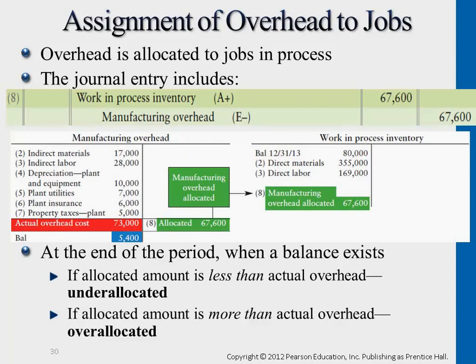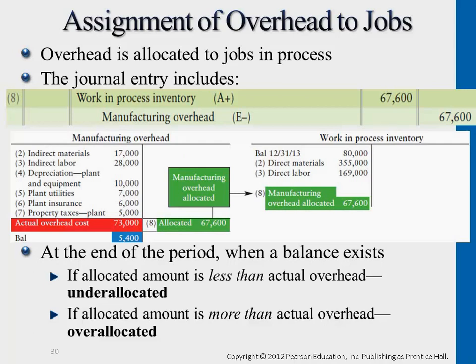Very likely there will be differences, because usually the estimated rate will not be exactly the same as what actually happens. It will be close, but probably missing a few $1,000s, a few $100s. So in this case, for each and every job that happens, we misallocated a portion of the cost. So we underallocated a total of $5,400 here, since the actual cost of 73 is higher than the part that we allocated to each job.